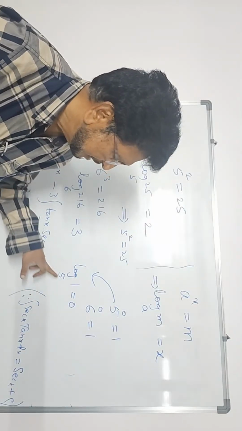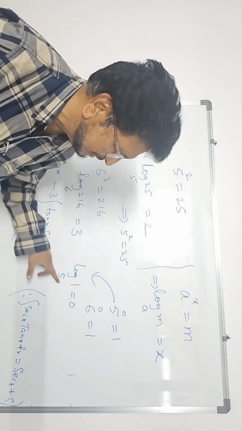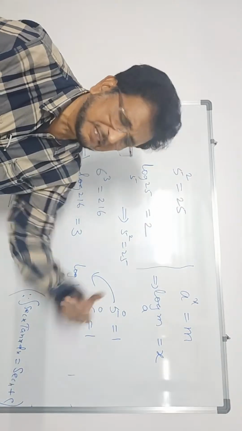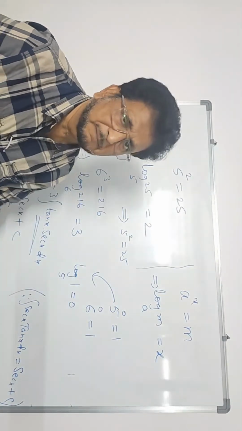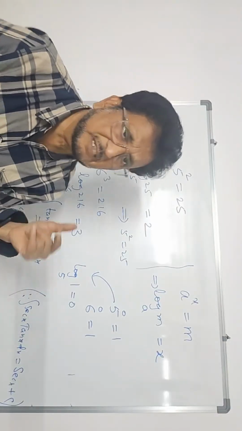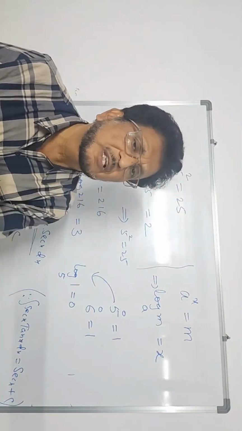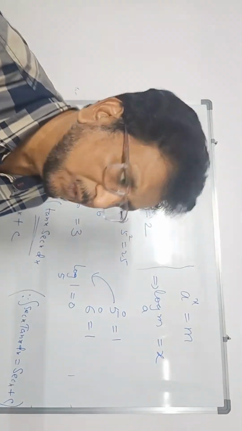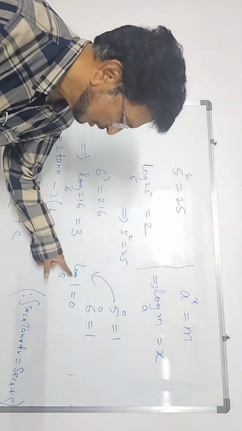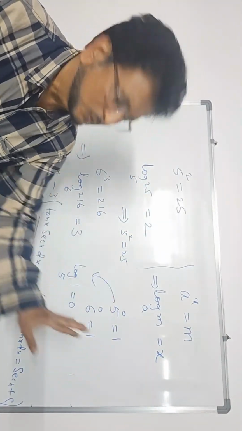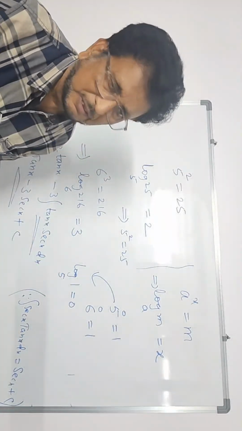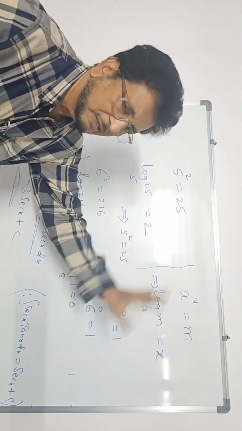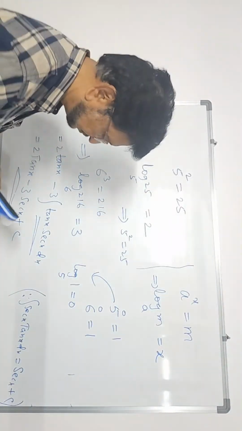Means base may be any number. Logarithm of 1 is always 0. 5 power 0 is 1, 6 power 0 is 1, 10 power 0 is 1. Whatever the number is, if its power is 0, it is always equal to 1. Therefore, logarithm of 1 is always 0, whatever the base, 5, 6, 10, 7, whatever the positive number.